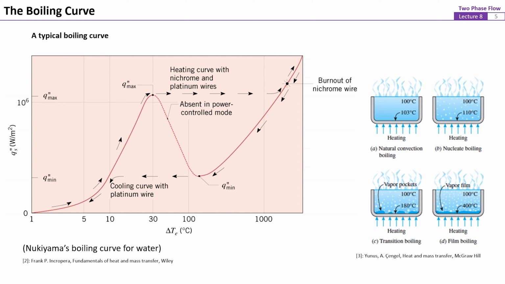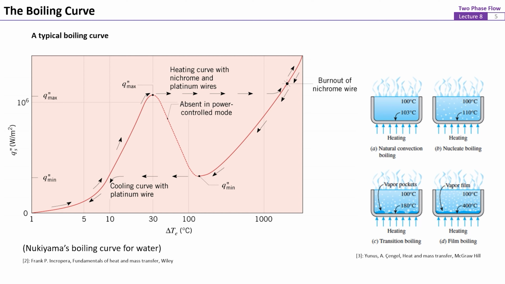It should be noted that these numbers may change corresponding to the thermophysical properties of the fluid, but the trend is basically the same for most fluids. The boiling curve shown here is typically for water at atmospheric pressure, which is based on the pioneering experimental work by Professor Nukiyama.